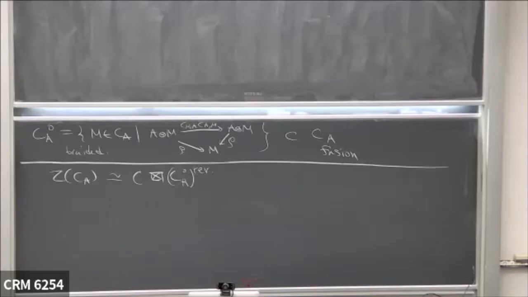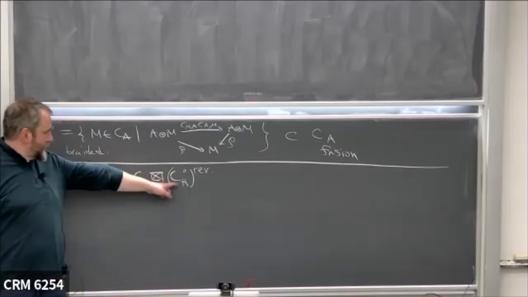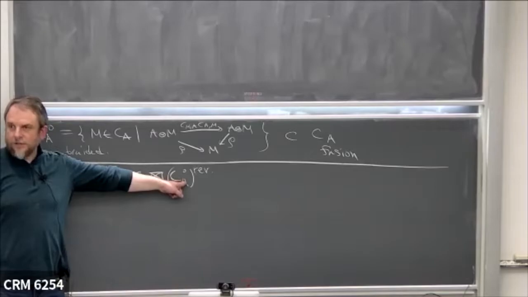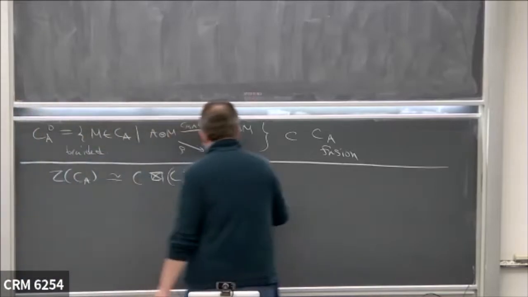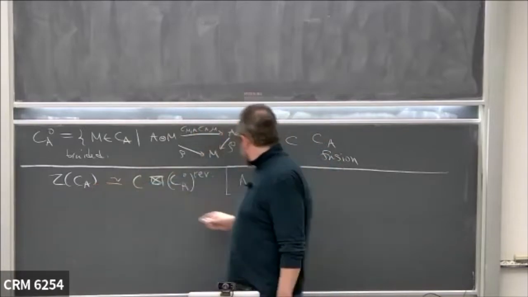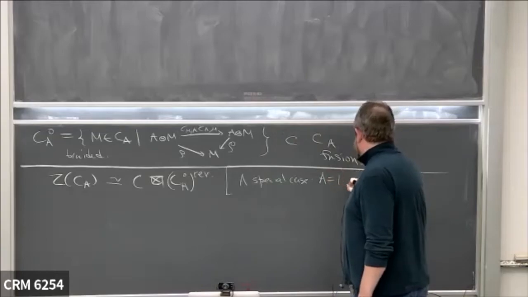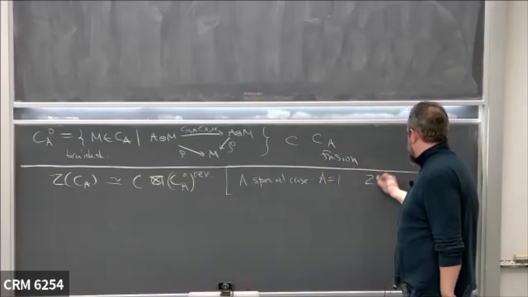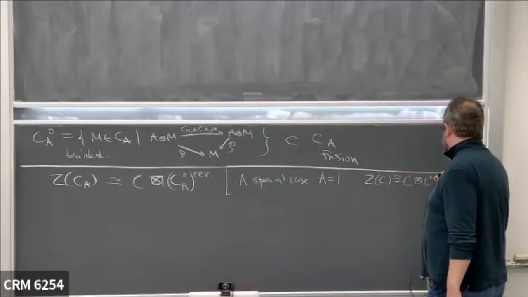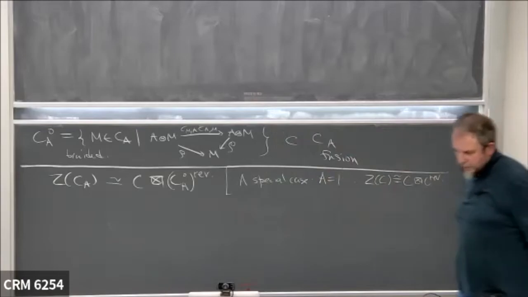We already discussed that C is embedded into the center. Where is it? Yeah, here. And this is also embedded by virtue of it being braided. So in fact, this category is embedded twice, with its normal braiding and with its reversed, right? This is, of course, a special case of the following: the case of the trivial algebra. And then we have the result I mentioned earlier in this course, that the center of C is equivalent to C tensor C reversed, right? So that's a counterpart of that.